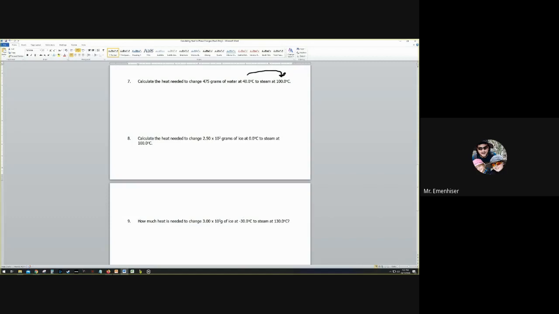Okay, so Q1 will be MC delta T, which will be 475 times 4.18. I think there's a 4 after that. I don't remember. 4.18 is what I remember. And then the change in temperature, final minus initial. So 100 minus 40. When we do that, we get 119,130 joules. So that's the energy required to increase the temperature from 40 to 100.